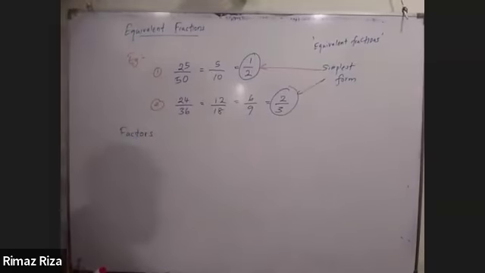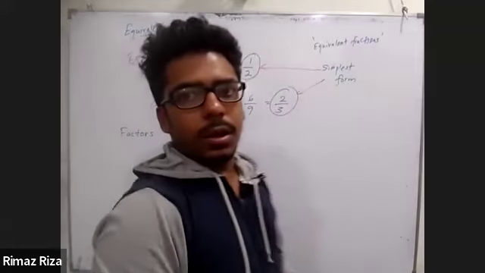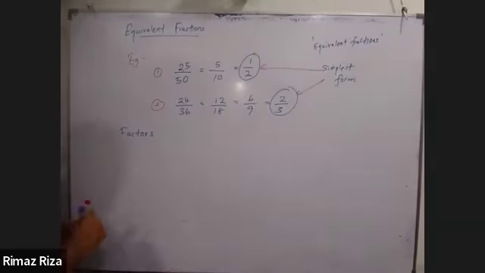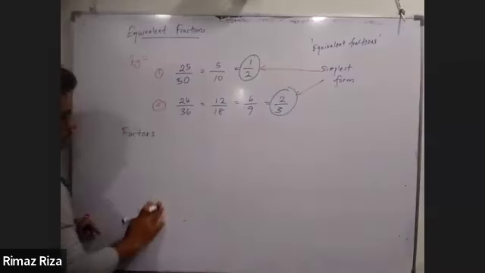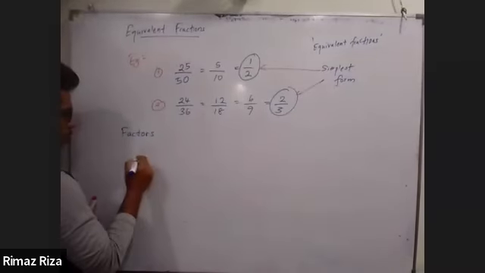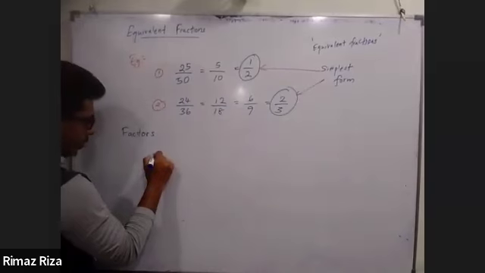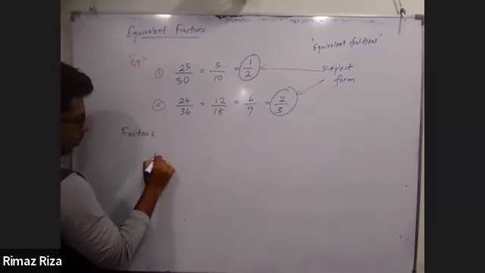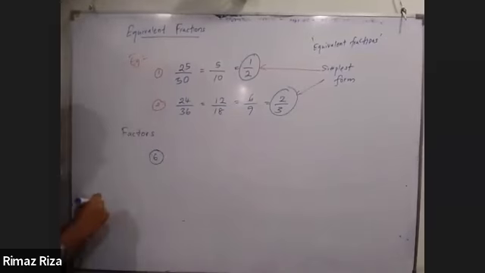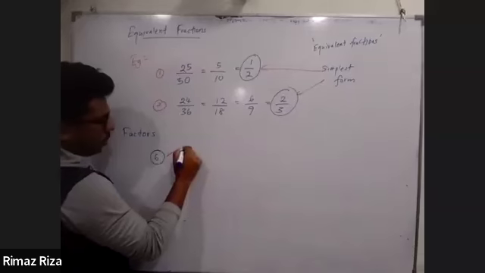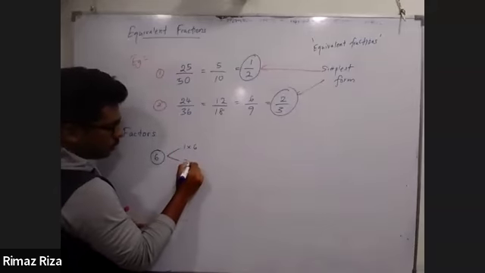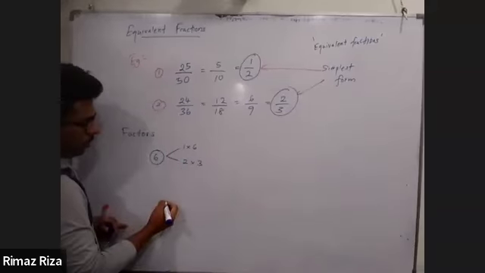Okay, factors. So here factors means, for example, I can take the number 6. I start from the smallest value. 6 I can write 1 into 6 or 2 into 3.